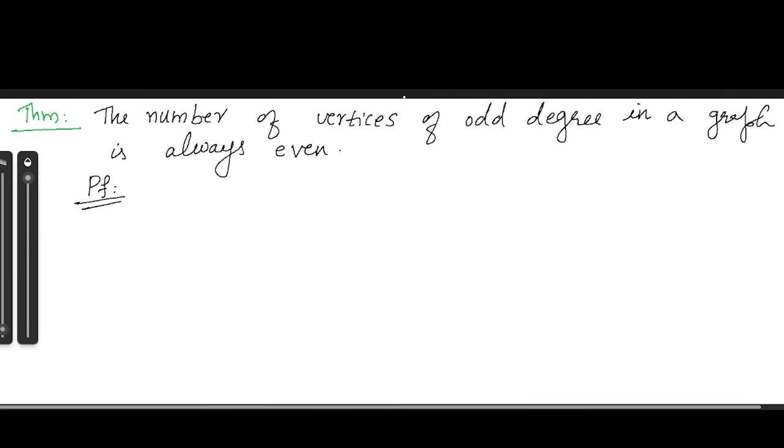We can move to the proof. Proof is also very important. Now, consider the vertices with odd degree and even degree separately. So, sigma d of Vi, i varies from 1 to n, can be expressed as the sum of two sums, each taken over vertices of even and odd degree respectively. That means this is equal to sigma d of Vj plus sigma d of Vk.